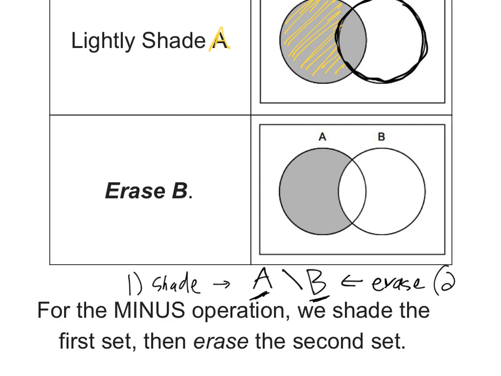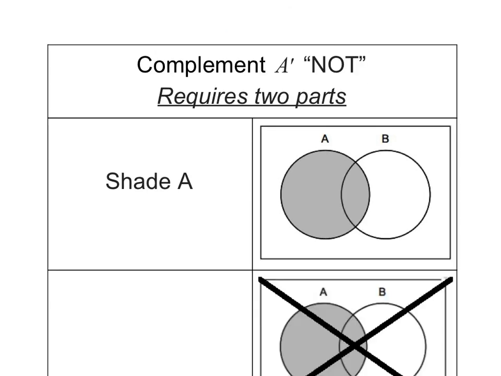Okay, we have one left. The final one is the complement. And if we were dealing with logic or a computer, we would call this the not operator. So it's given by this prime symbol. I have seen a number of different notations for this, both outside of the mathematics setting and inside the mathematics setting.